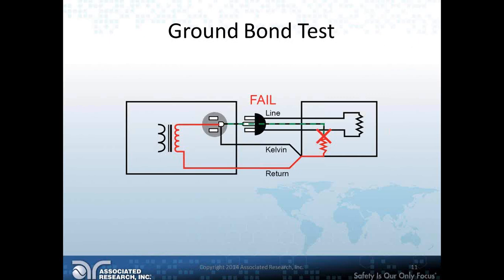It's designed to stress a product's insulation far beyond what it would encounter during normal use. The assumption is that if the insulation can withstand a much higher voltage for a given period of time, it will be able to function adequately at its normal voltage level for the life of the product. Hence the term voltage withstand.